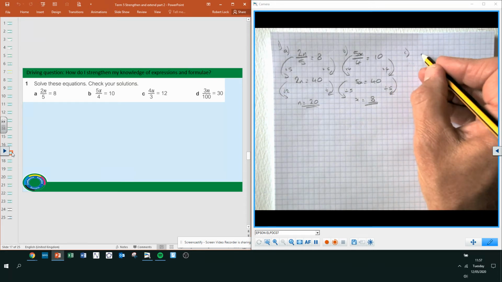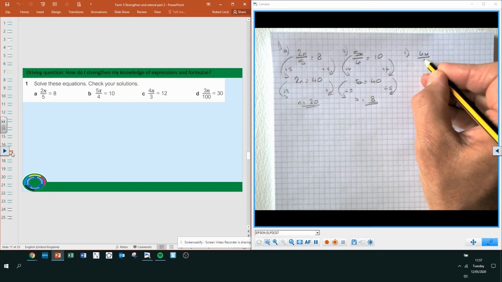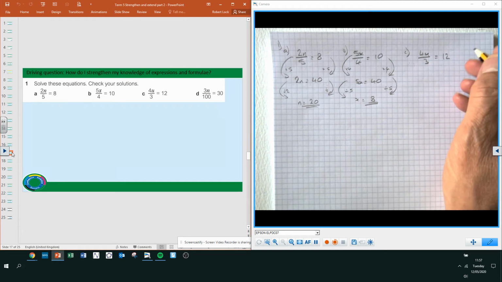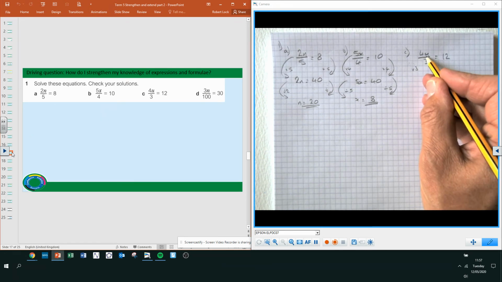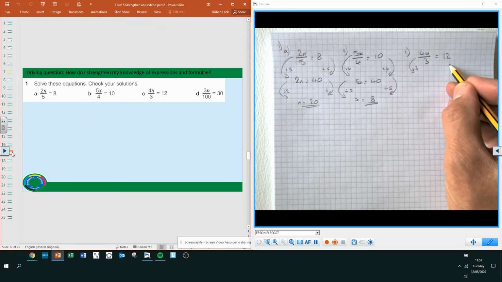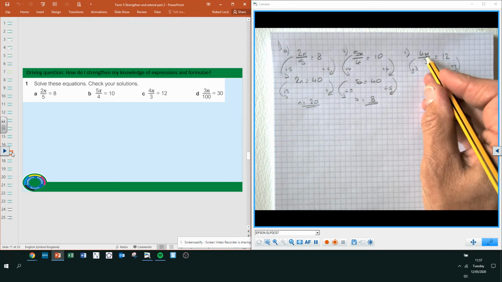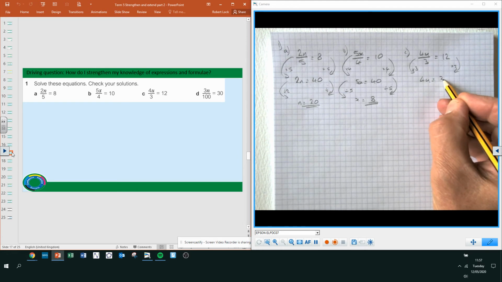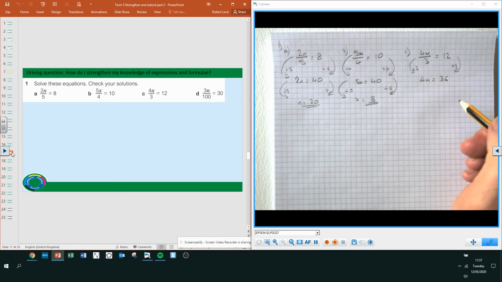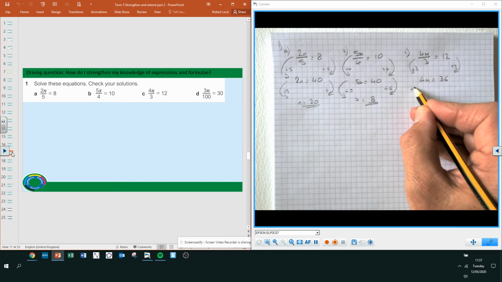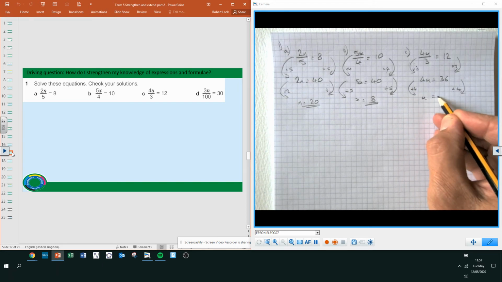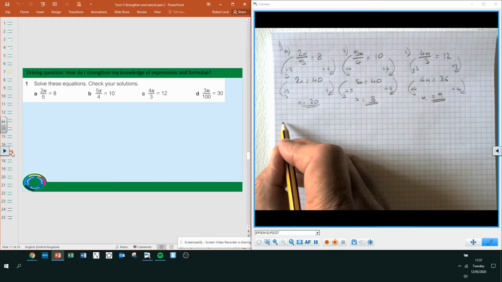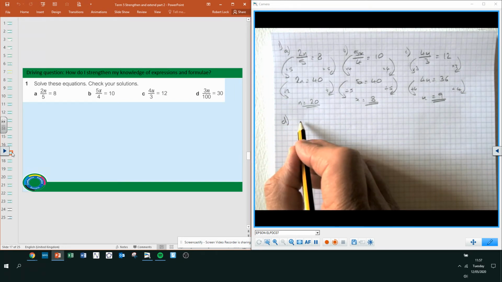C. 4u over 3 equals 12. Again, the opposite of divide is times by 3. So we end up with 4u equals 36. 12 times 3 is 36. Divide by 4. U equals 9.